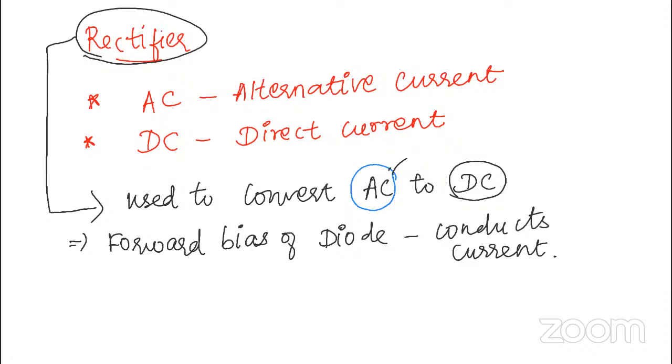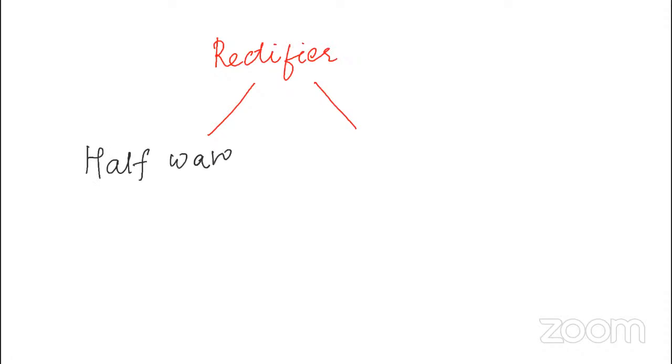So here the rectifier has two types. What are the two types, now we are going to see. Rectifier, we have two types. Okay, first one is half wave rectifier, and here it is a full wave rectifier.